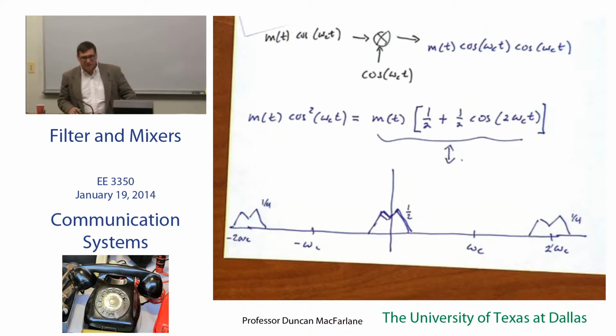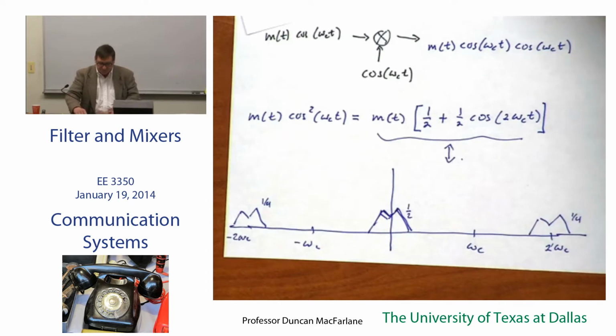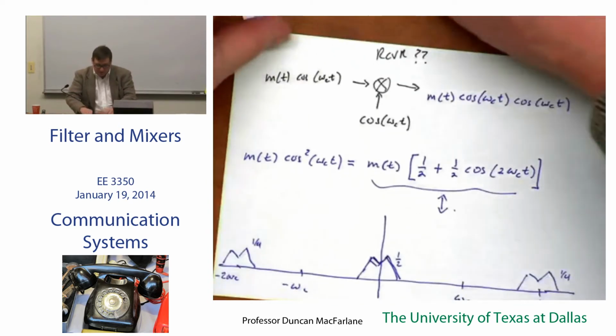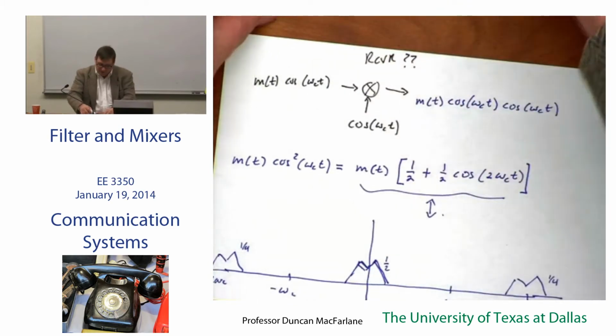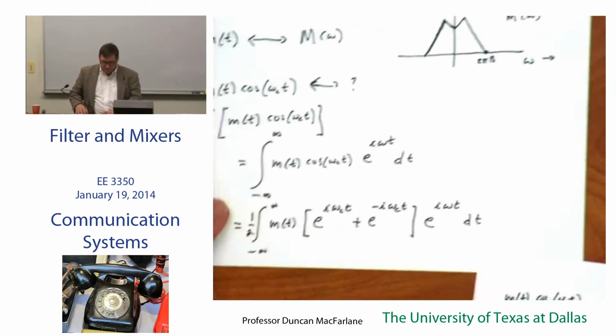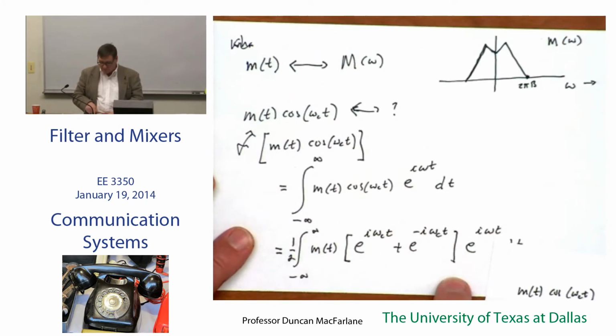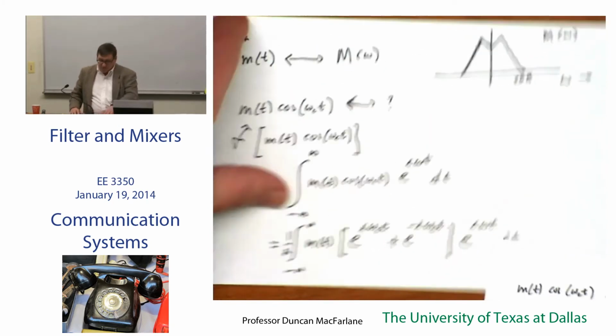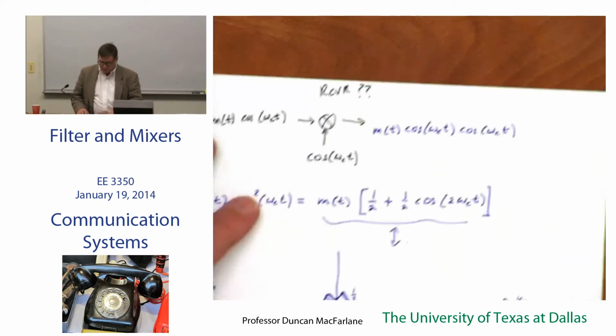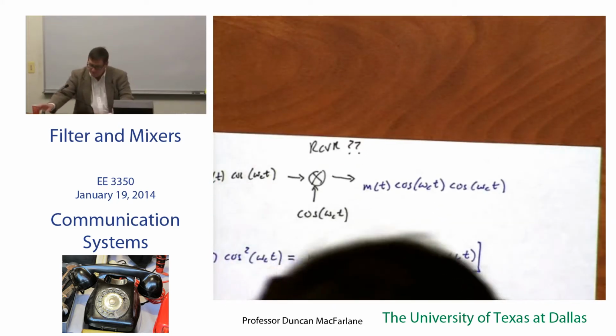Okay, what if you were to multiply by sine of omega c? Well, gee, in fact, that's a great question. I think I might have asked that on a test once. We'd go back to this and we'd have to calculate again what this was.